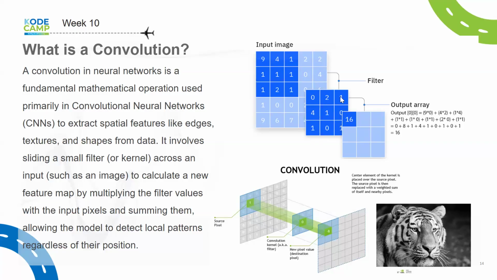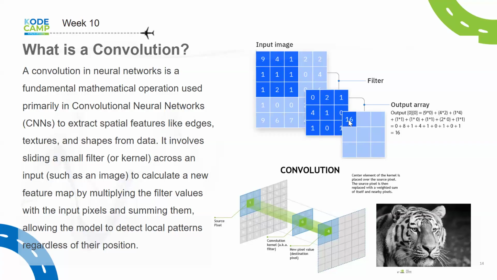Think of it like the weights in a normal fully connected layer, where you multiply the weight by the input. These numbers represent the weight, while those numbers represent the signal, which is the pixel value. So I take this filter that has these weights and I apply it to each section of this image. Here, the part of the image that is blue is the section that this filter is looking at in the first instance.